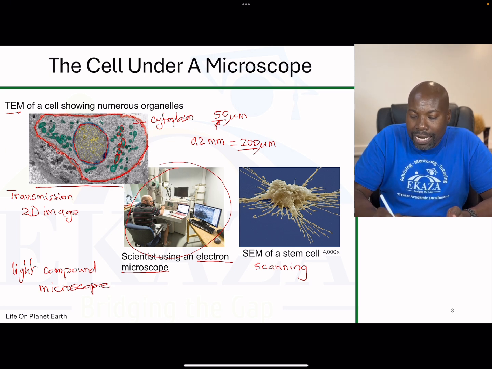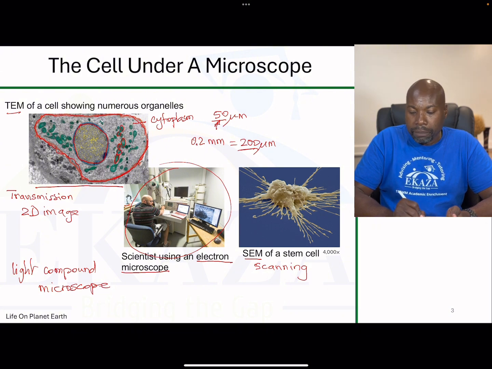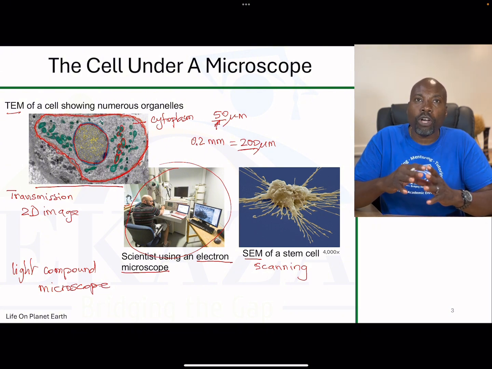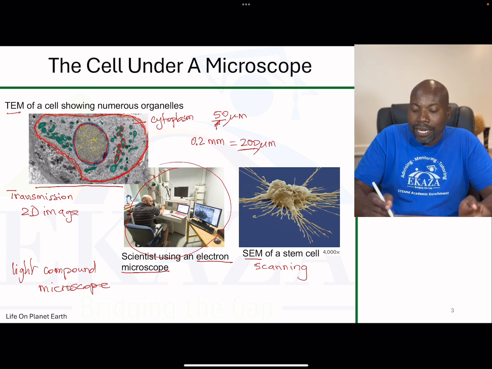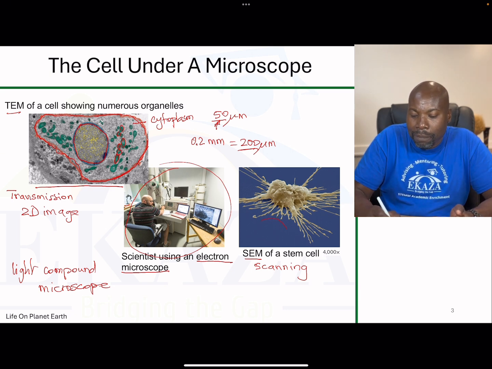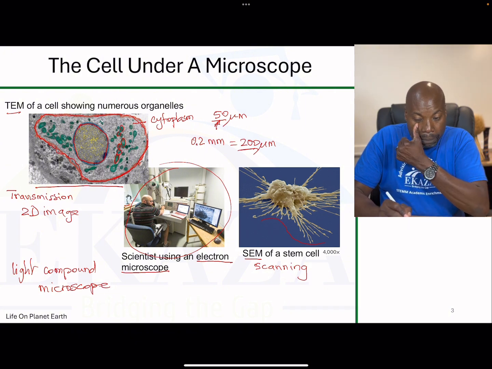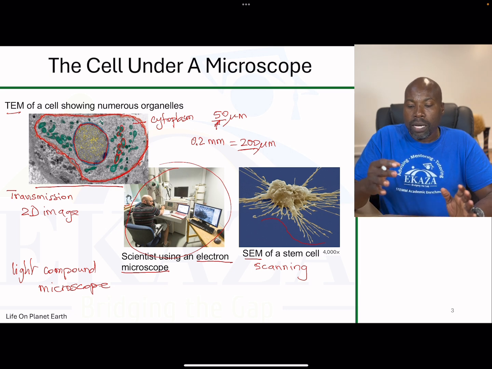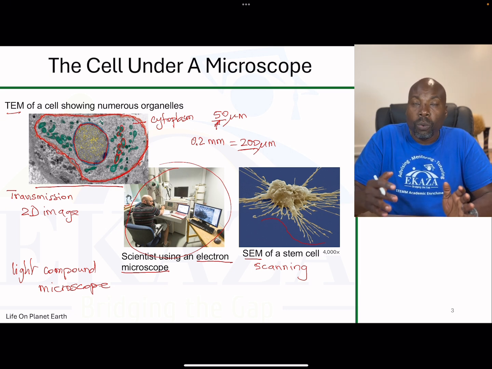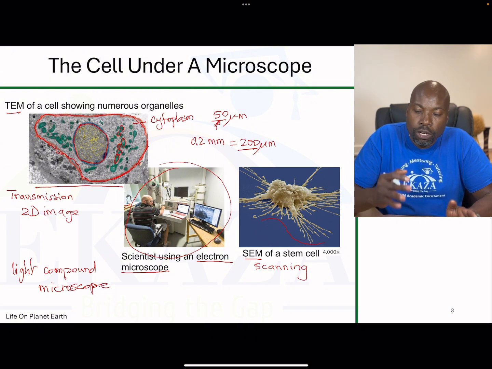A scanning electron microscope, SEM, allows us to see the fine details on the surface of a cell. Here we have a micrograph that represents the scanning electron microscope image of a stem cell. We can see the fine details of the surface of this stem cell.